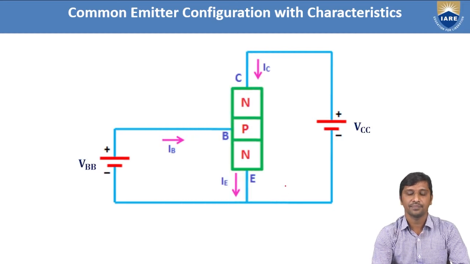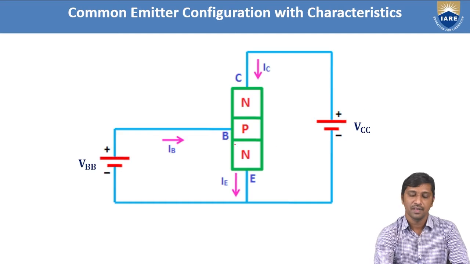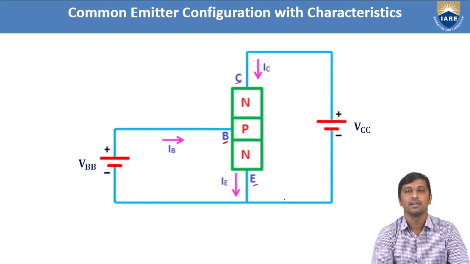This is the NPN model, and it contains three terminals: one represented as base, one as emitter, and one as collector.